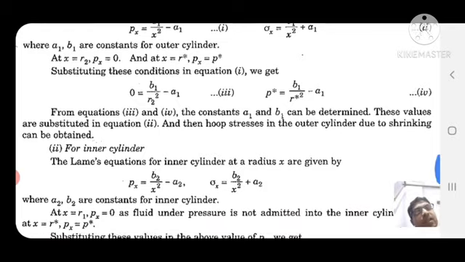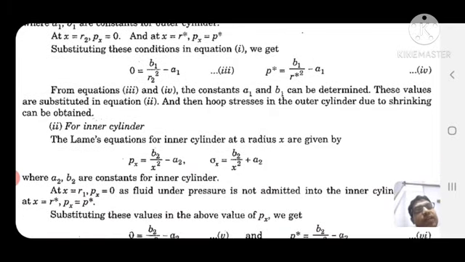So P star is equal to B1 by R star square minus A1. From equations 3 and 4, the constants A1 and B1 can be determined. These values are substituted in equation 2 and the hoop stresses in the outer cylinder due to shrinking can be obtained.